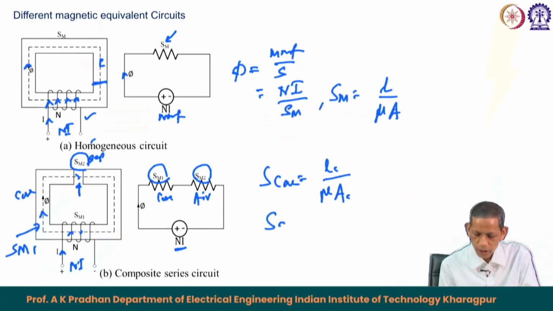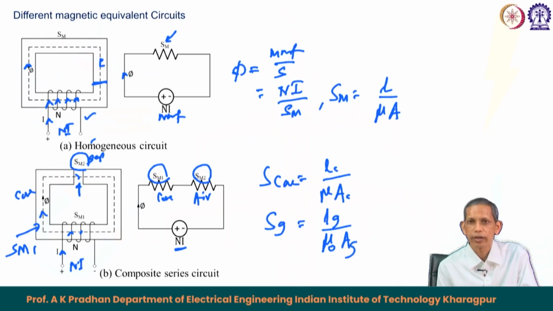Similarly, S for the gap becomes equal to the length of the gap, the small air gap of a few mm or so, divided by mu naught for air, with mu r equal to 1, and the corresponding gap cross sectional area. In this case, A g equals A c, as you know.